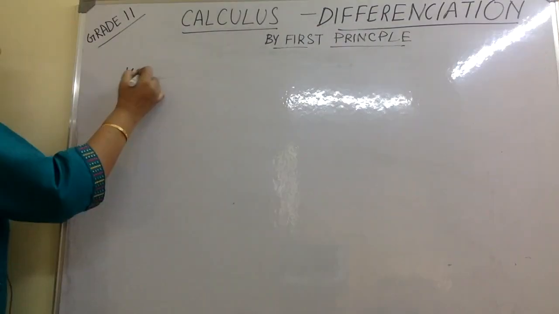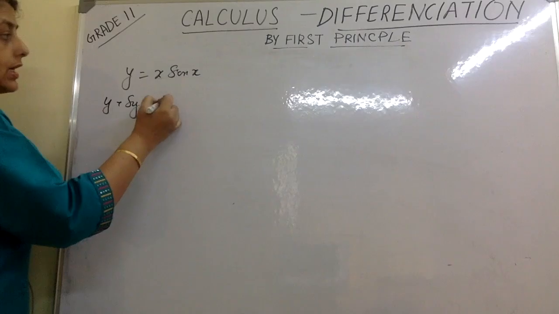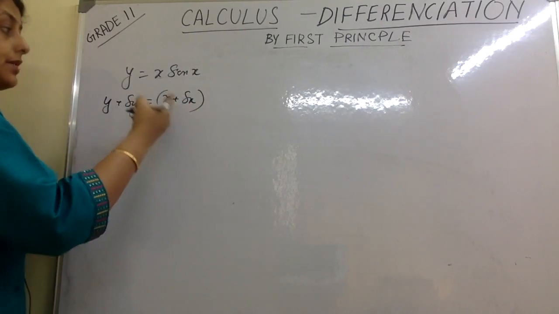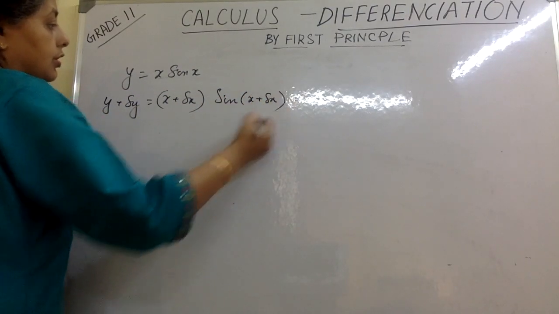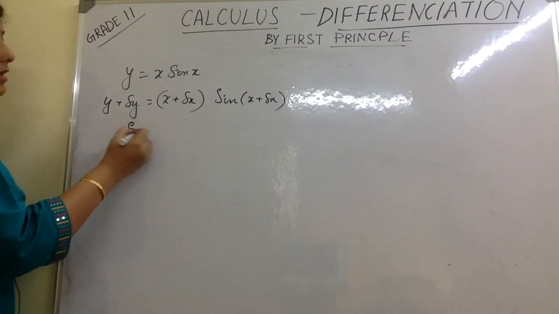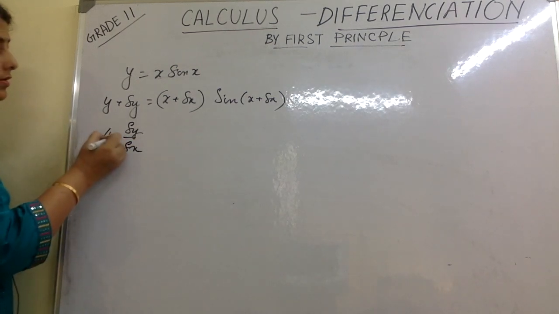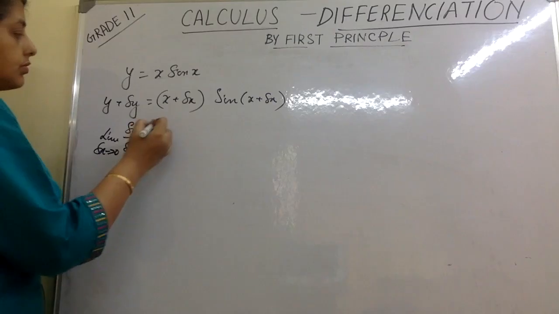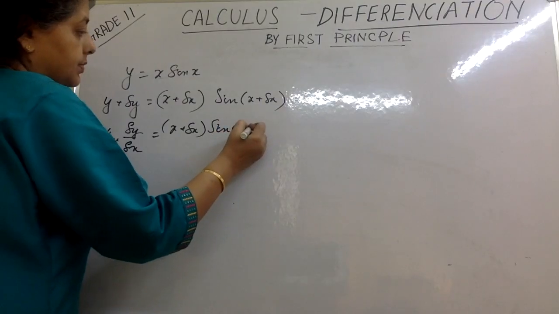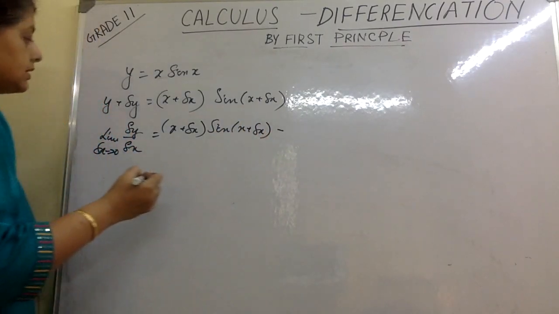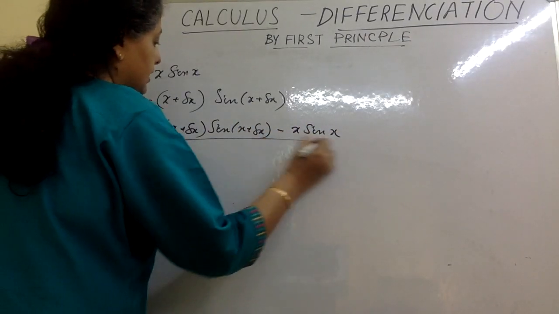Let's see another trigonometric one. y is equal to x sin x. For a small increment del x in x, we are getting a small increment del y in y. So this is the statement you can write, and then del y by del x, limit del x tends to 0, is equal to x plus del x times sin of x plus del x, minus x sin x, by del x.